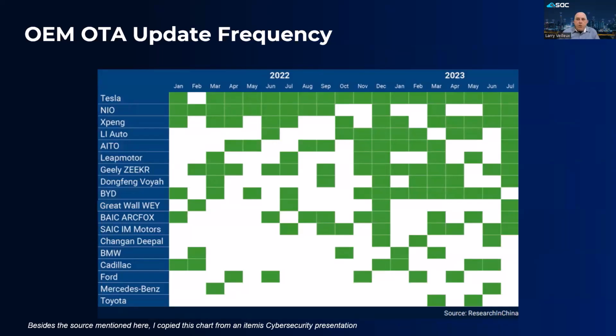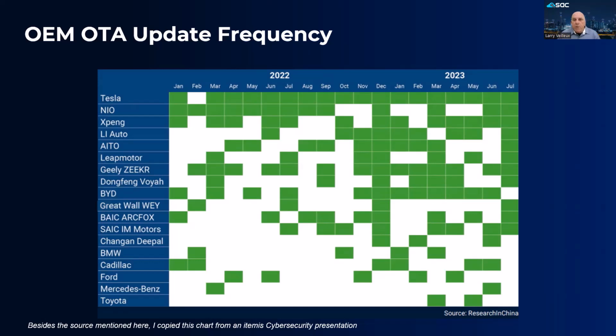Speaking of updates occurring throughout the life cycle of vehicles, this slide displays the OTA update frequency of major automotive brands between January 2022 and July 2023. Not necessarily the story that I would like to hear, though. Tesla led the pack with 45 OTA updates in 2022 alone, followed by NIO with 1 to 2 OTA updates a month.